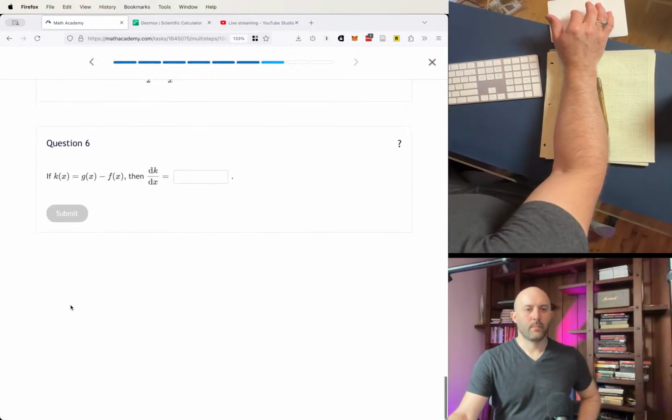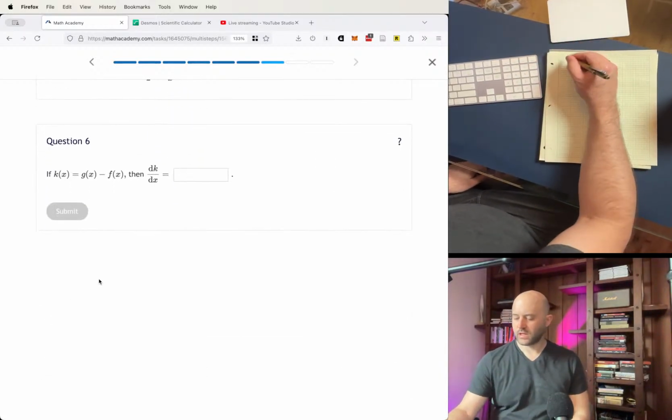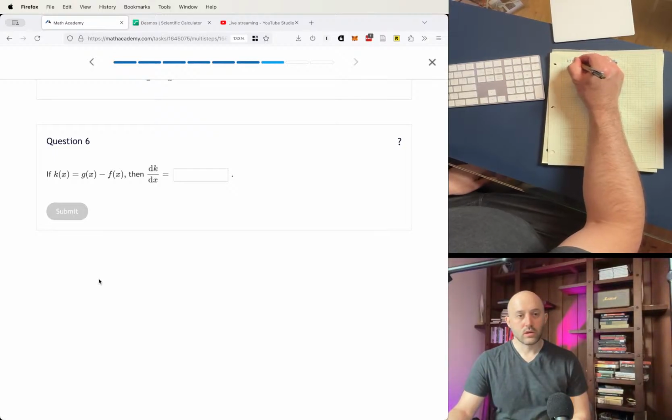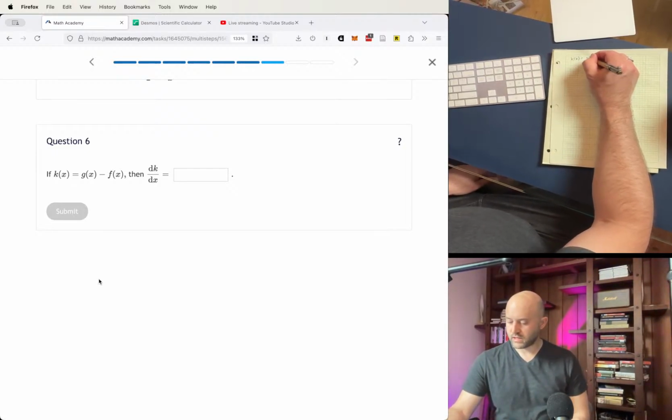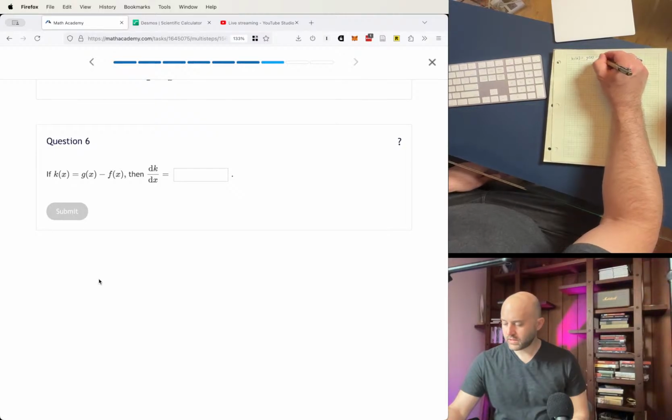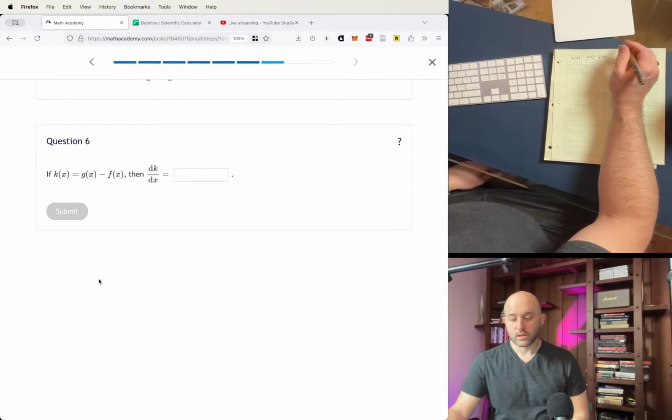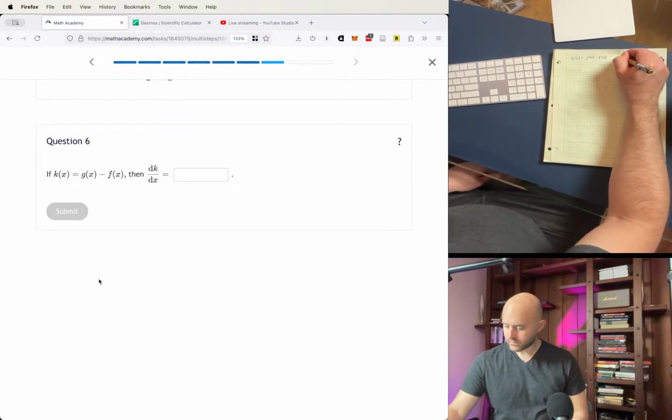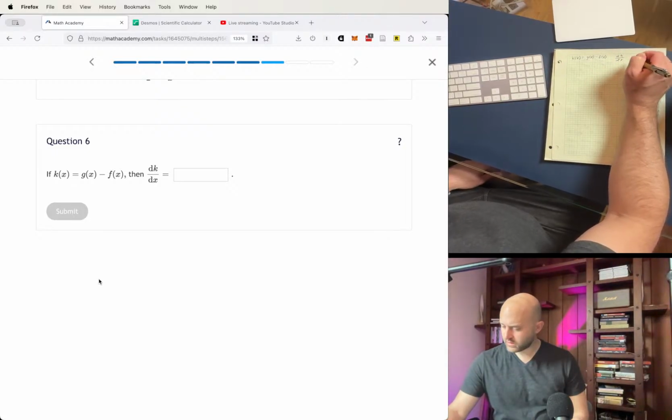Let's keep going. If k equals g of x minus f of x, we're looking for dk dx.